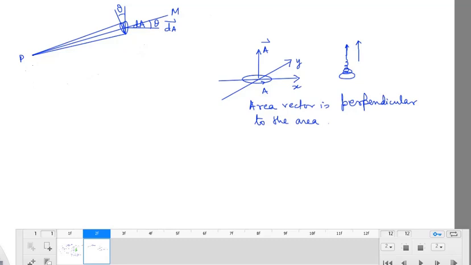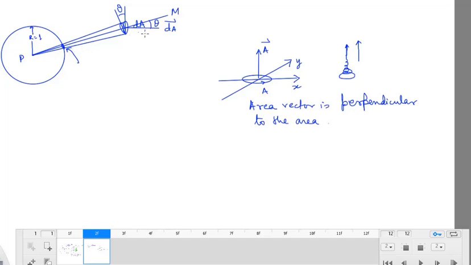Now in the same fashion, if we draw a unit sphere, my prescription is, the area cut out by this unit sphere is the solid angle. The radius of this unit sphere is 1.